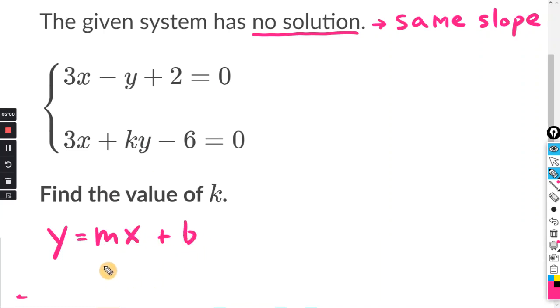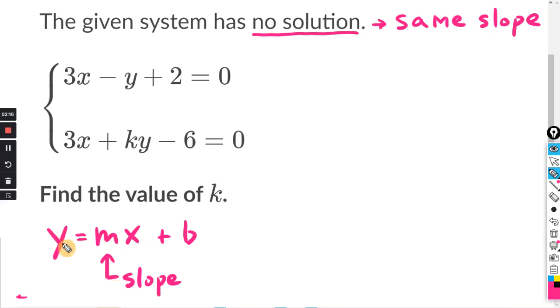Remember that m is the number that's times x, and m is your slope. If we get this into the y equals form, we can easily find the slope.